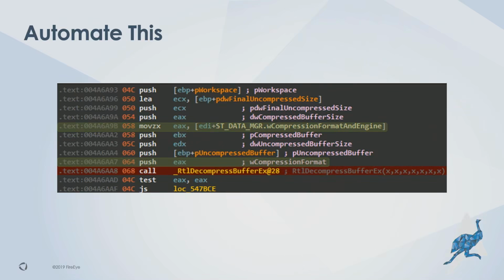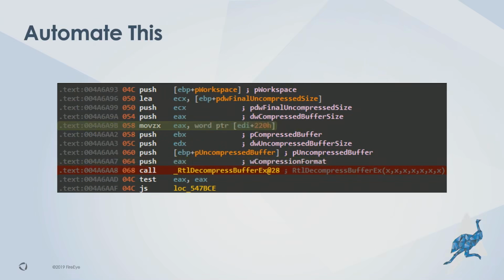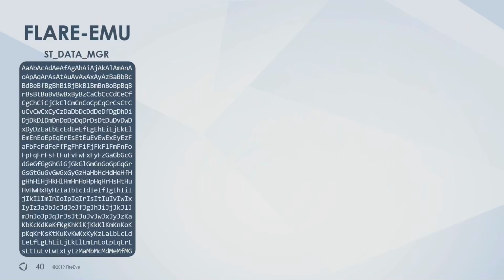Unfortunately, when I open up a new IDA Pro database, that's not really what I see. I see something like this: EDI plus hex 220. I know that EDI refers to the data manager from all my previous analysis, but how do we actually automate that hex 220 in a script?